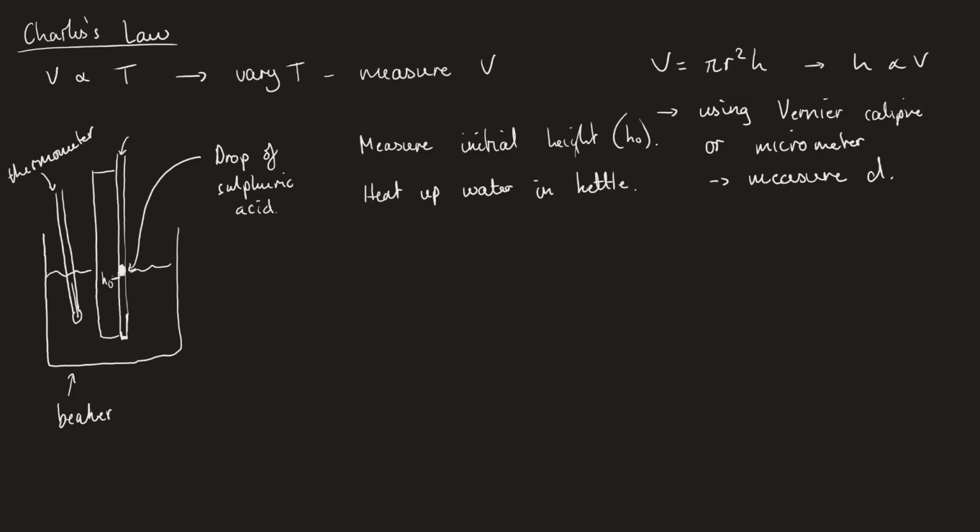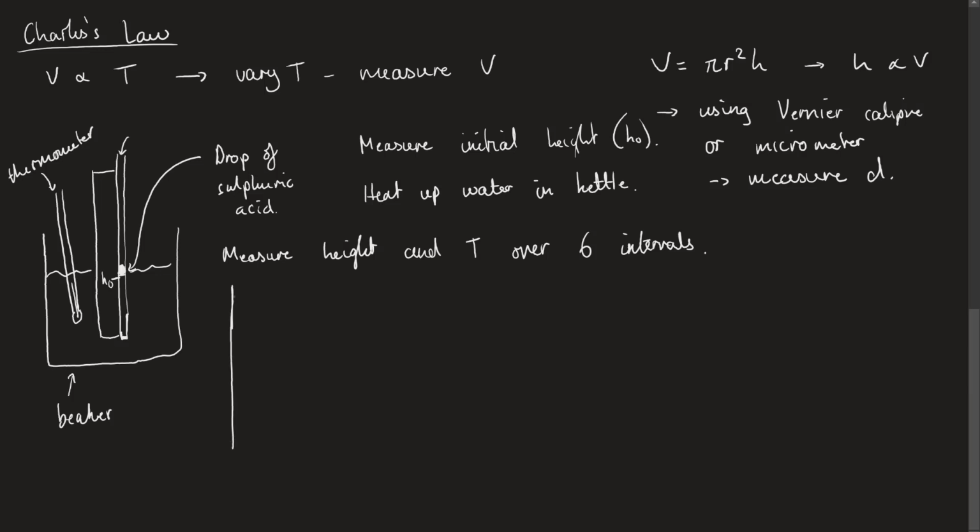But yeah, so what we are going to do is measure the height and temperature over 6 regular intervals, and then we can make a table of this. Our table is going to consist of the height in centimeters, and then the temperature in degrees Celsius.